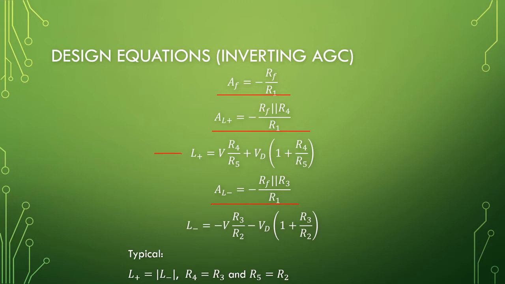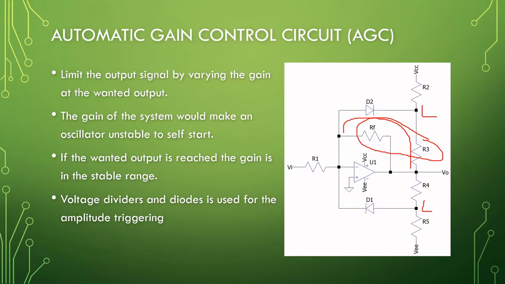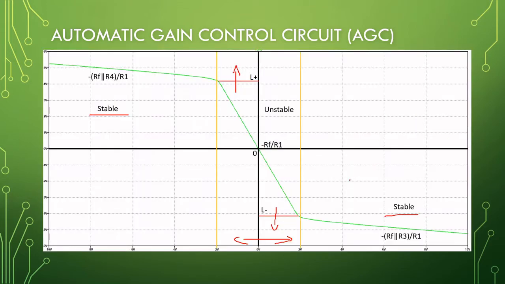For the positive limit, if you do superposition on these two nodes, you can get your L plus and L minus equations like this.